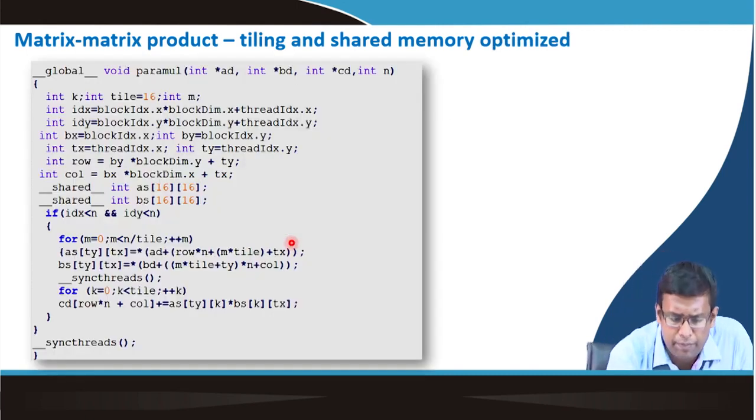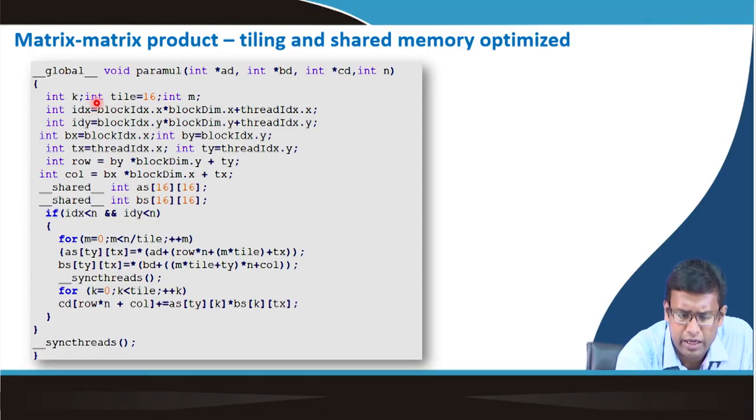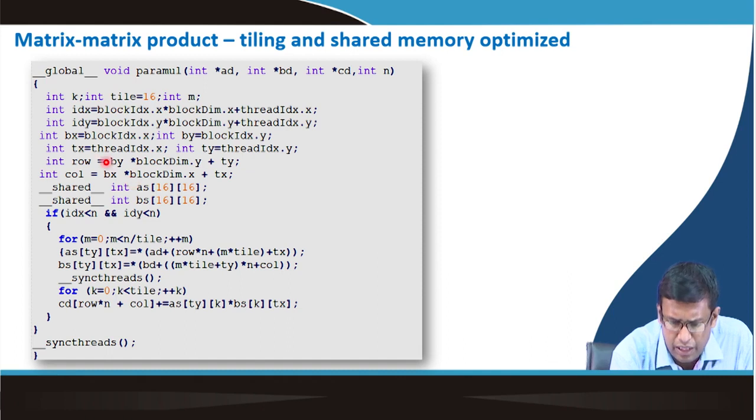So the program looks like this: you identify the global thread ID, get the block ID, and consider the local thread ID also, and use a shared memory variable. In the shared memory, you look at the local thread ID in that particular block.